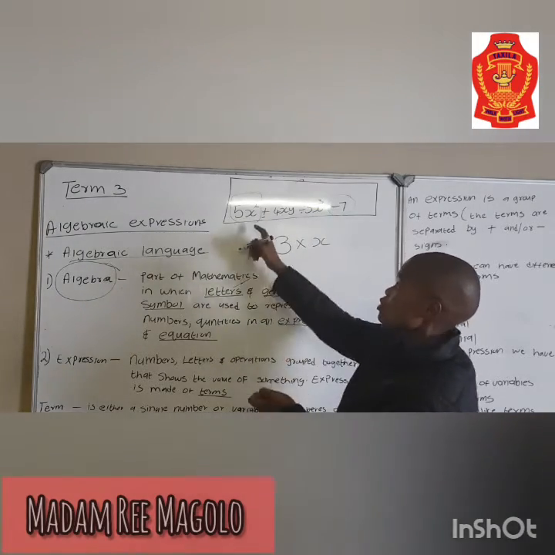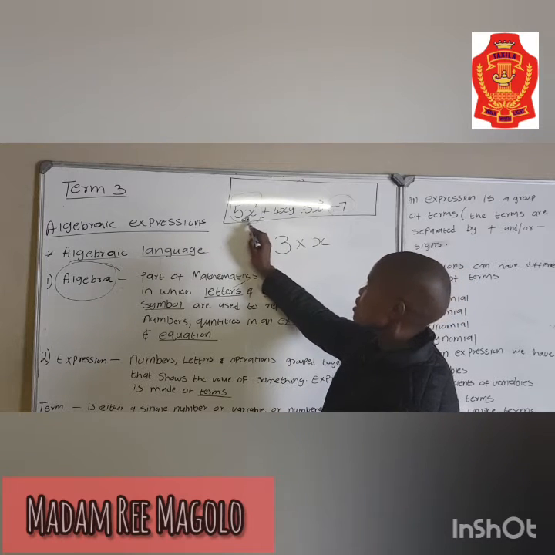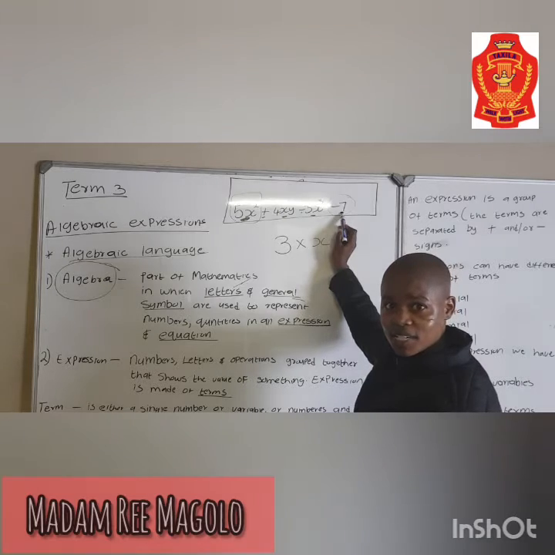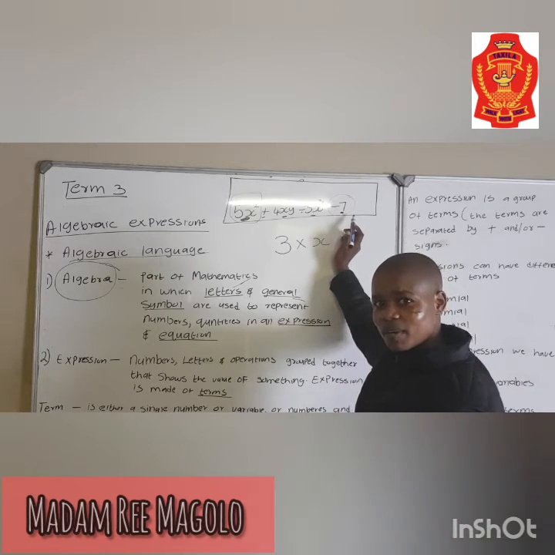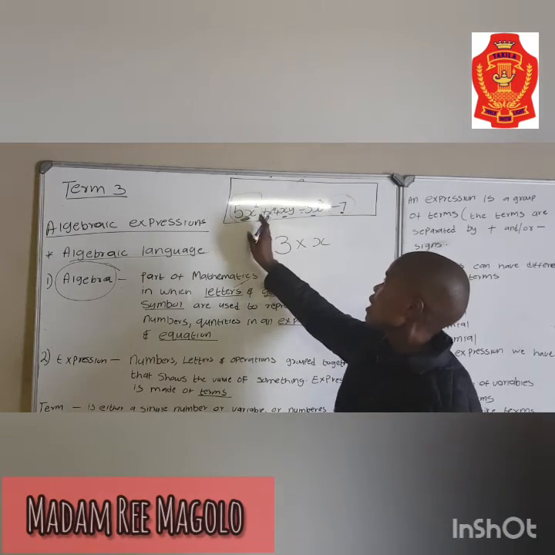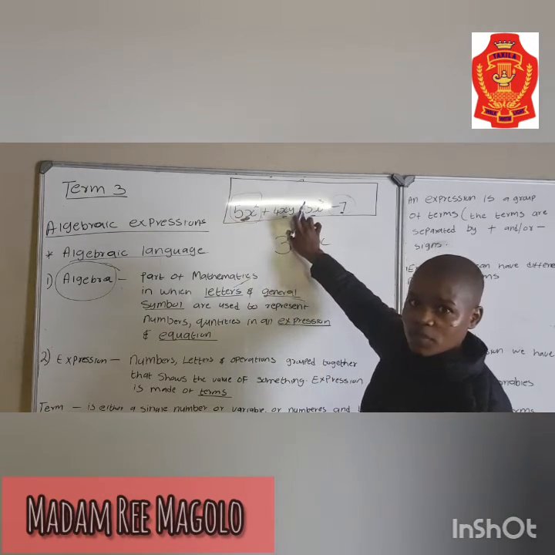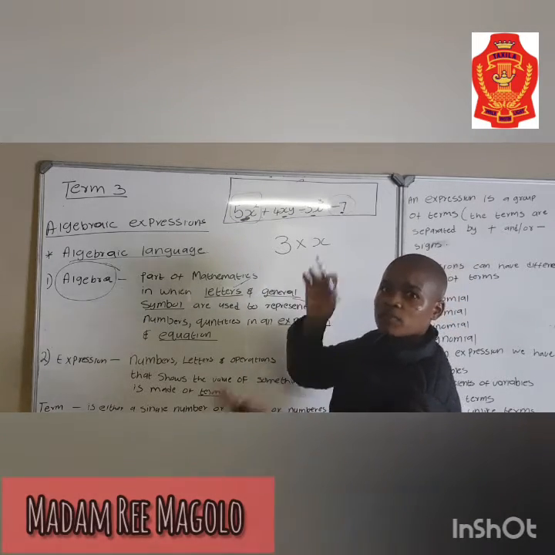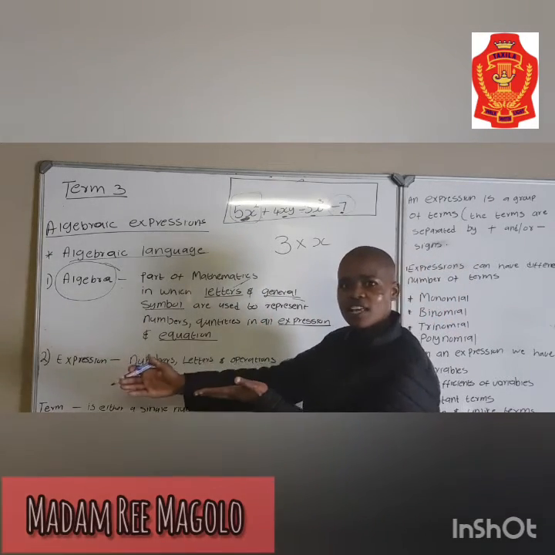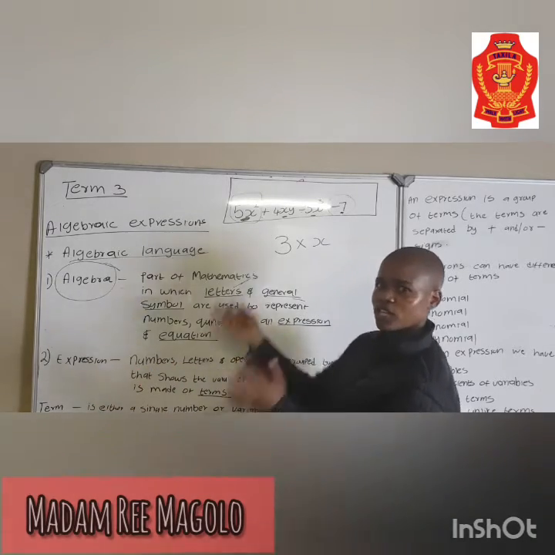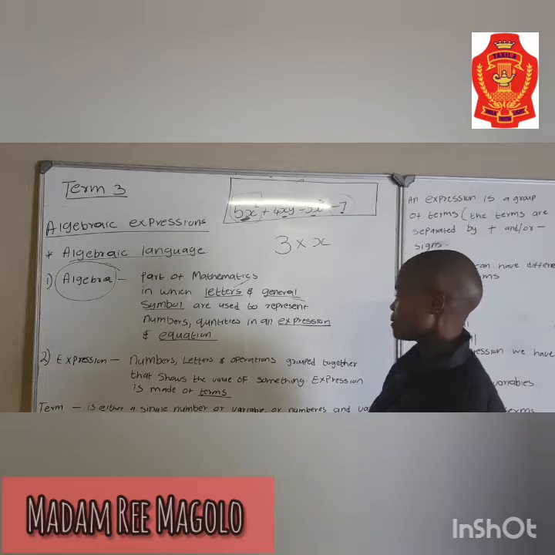An expression is made out of terms. So this is a term, another term, another term, and another term. Bear in mind that terms are separated by addition and subtraction. An expression can have terms where only additions are there, only subtractions are there, and also a mixture of both addition and subtraction. Just bear that in mind.